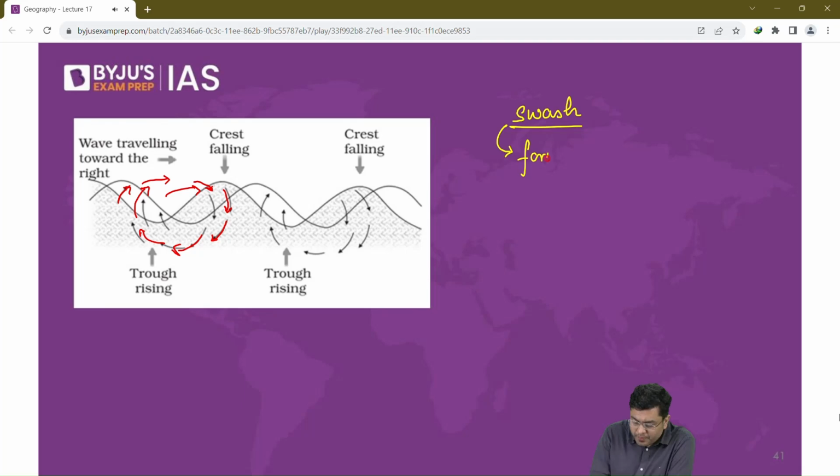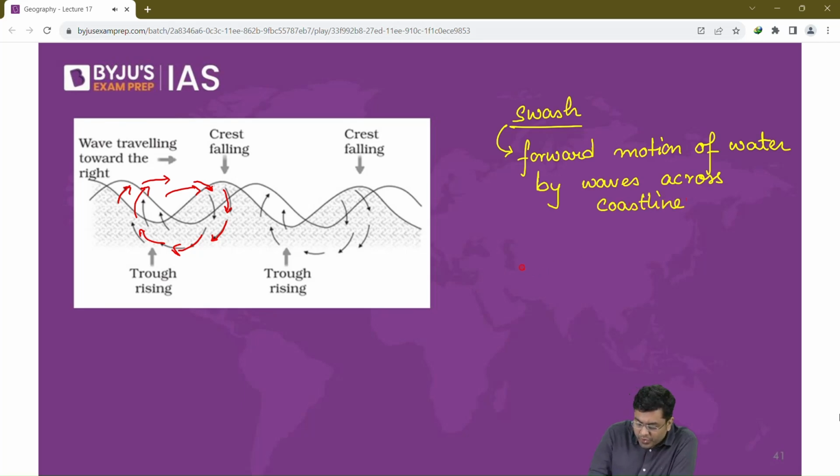So swash represents forward motion of water by wave across coastline.